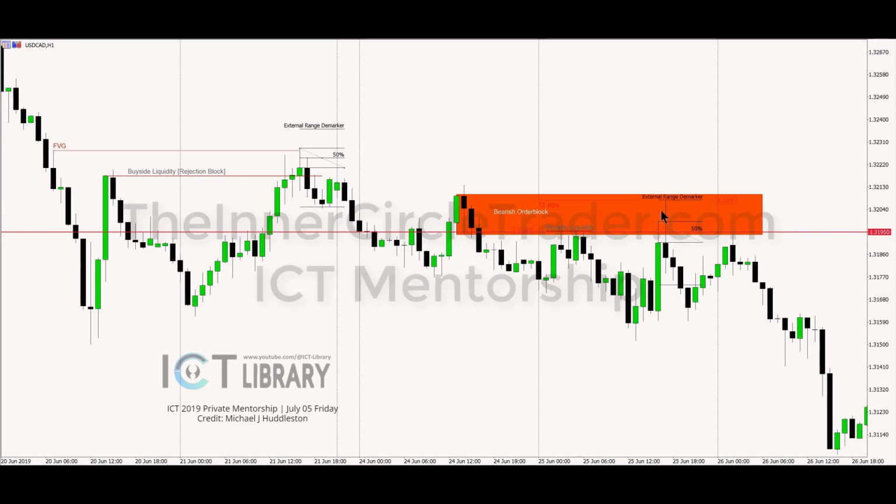So this wick in here, even if we break that down and split it, we have the initial run into the buy-side liquidity pool and the bearish order block with this wick. As soon as we see price create that wick, we can do the measurement here and get the midpoint, which would be exactly at that 31.95 level.